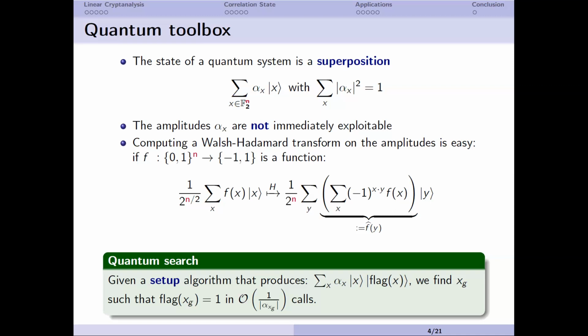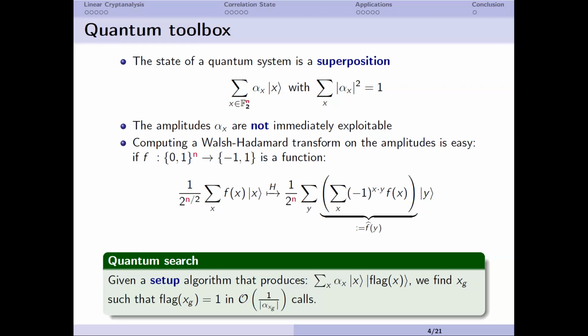But still, what we do is we perform computations which modify the amplitudes, and in the end, the state becomes something that is interesting to us. In particular, one of these computations is the quantum Fourier transform. In particular, this is going to be the Walsh-Hadamard transform, which is a Fourier transform but binary.